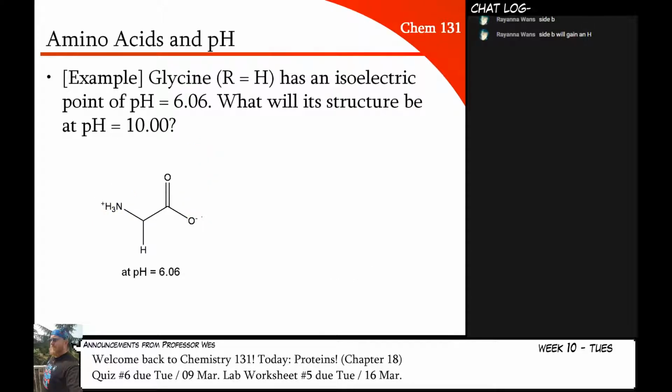All right, let's do another one. This is still glycine, but now we're going to put it in at pH 10. So now what happens? What will happen to which side?